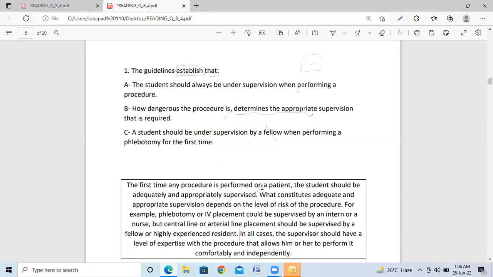For phlebotomy, an intern or a nurse is enough. But the option says a student should be under supervision by a fellow when performing a phlebotomy for the first time. So we can exclude A and C, and we can comfortably say that option B is the correct option here.